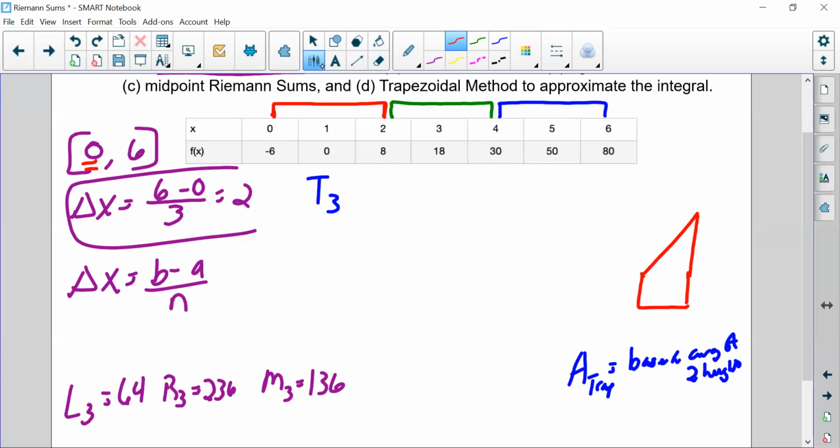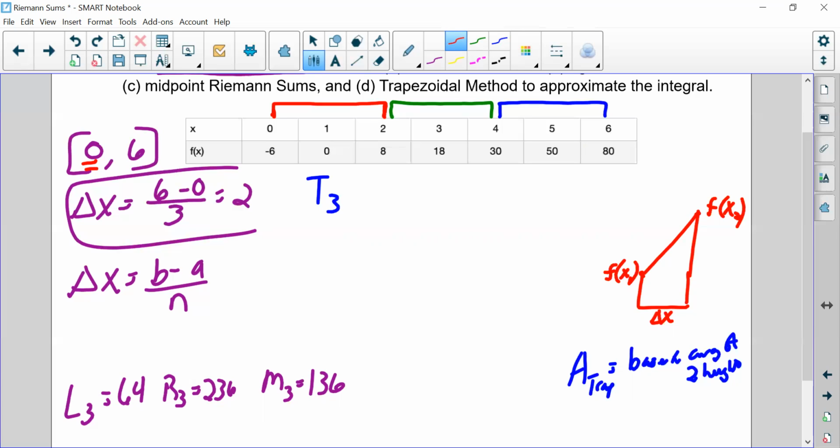Our base is represented by delta x. Our width is our thing. The height of this first one is represented by my y value at the beginning of the interval. This height here is represented by my y value at the end of the interval. And how do you average those?